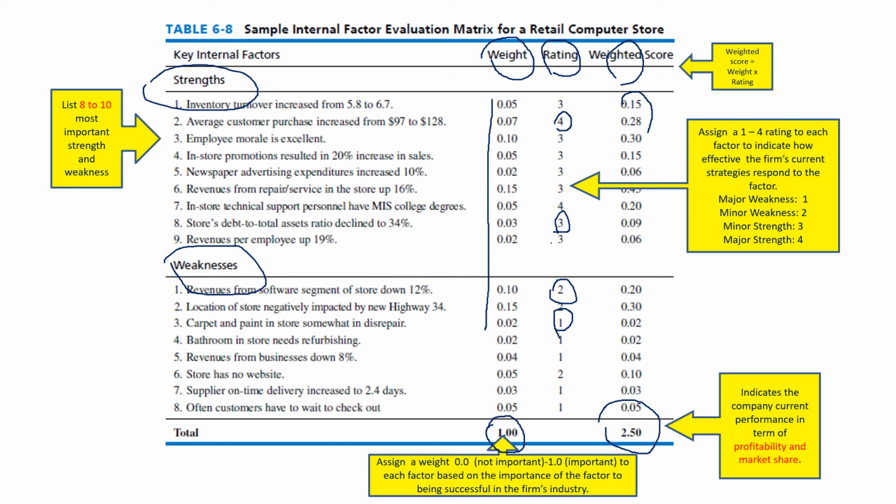If the score is below 2.5, the company is weak internally, whereas a score above 2.5 indicates a strong internal position. In this case, this company has a score of 2.5. That indicates an average internal position. So this is how you construct the IFEM and how to interpret the total weighted score.